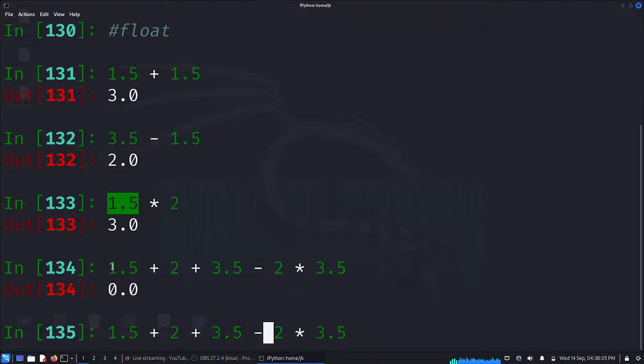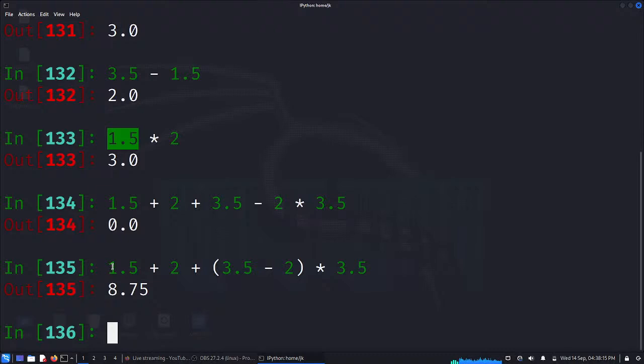Again, whatever you want to do, we can use the parentheses and express what we want for our equation, or the math that we want to perform.